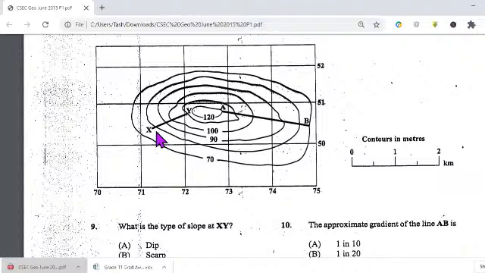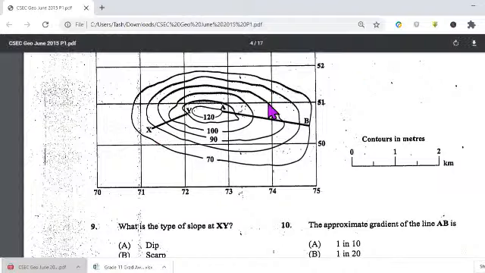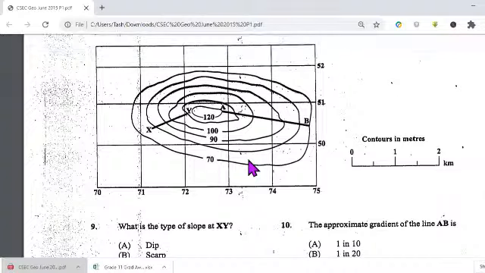But when you look at the entire diagram, it would have been your steeper section of the slope. So based on the spacing of the contour lines on both sides here, this section is relatively steep based on how close they are, but in this section the contour lines are wider. Because the contour lines are wider, it would have been a gentler climb for you. So it is the gentler side of the slope. So the steeper side would have been your scarp slope.